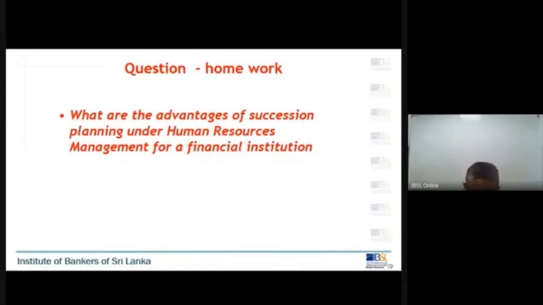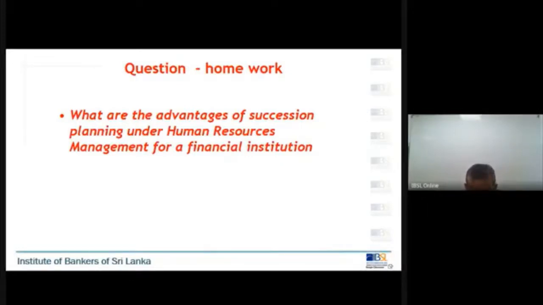One advantage is that it increases the availability of experienced and capable employees that are prepared to assume available roles.